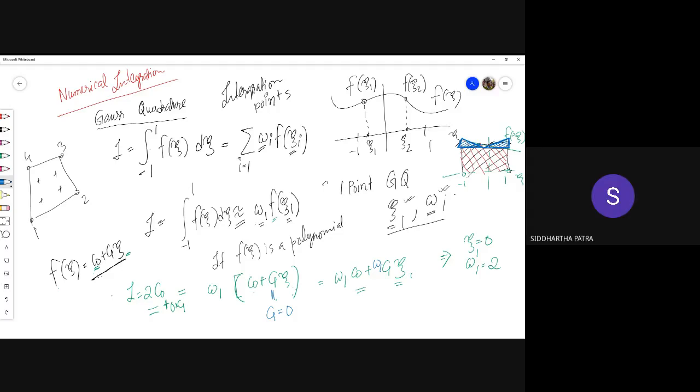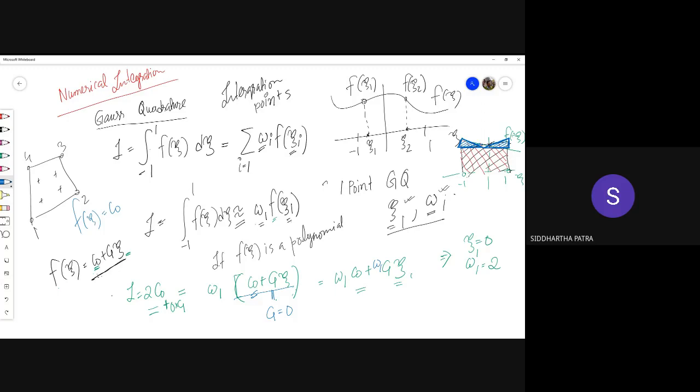So what did we understand? If we are integrating a constant or a linear function, even if f of xi equals C0, we can use a single point Gauss quadrature.